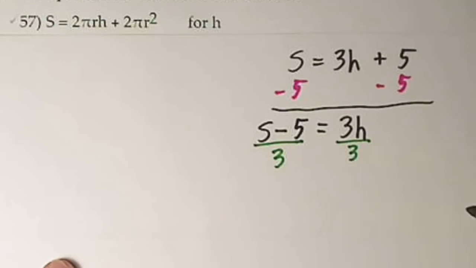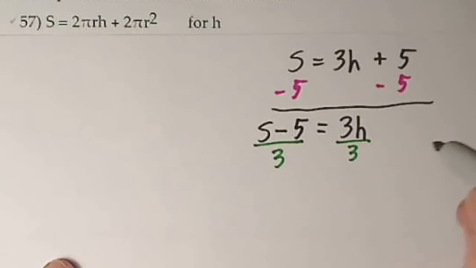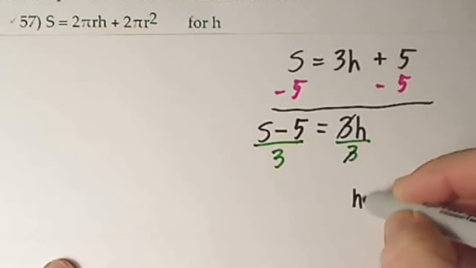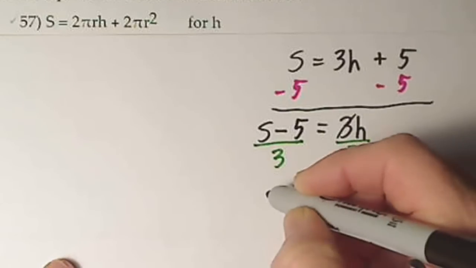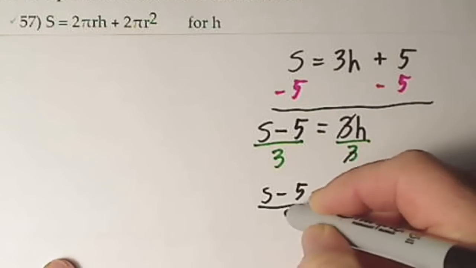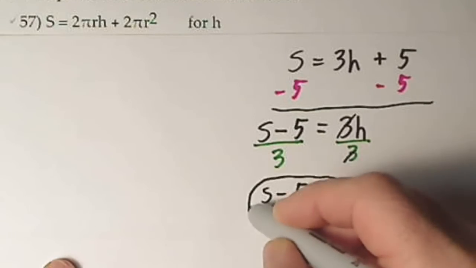That's why in general it's easiest to add or subtract first, because you can just add or subtract one thing if you like. Okay, so now 3 goes into 3 once. h is equal to S minus 5 over 3. And this is your answer for this one.